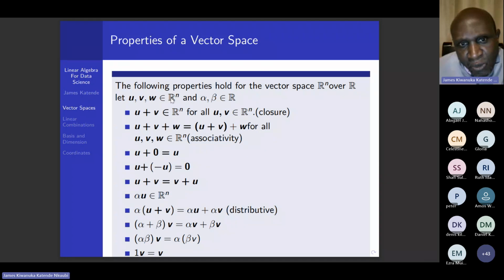We'll focus on Rn because most of our work will involve data, and the data will be built from vectors in Rn. There's some benefit to working with complex numbers as well, but maybe towards the end, we can introduce that. For now, we'll focus on real vector spaces.